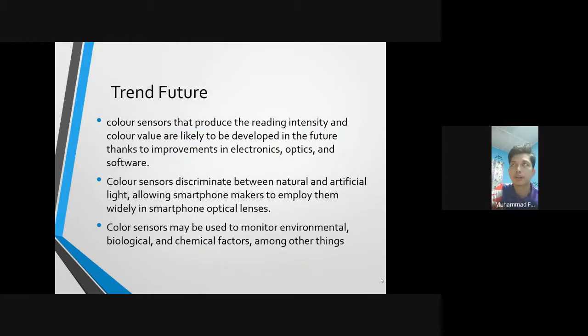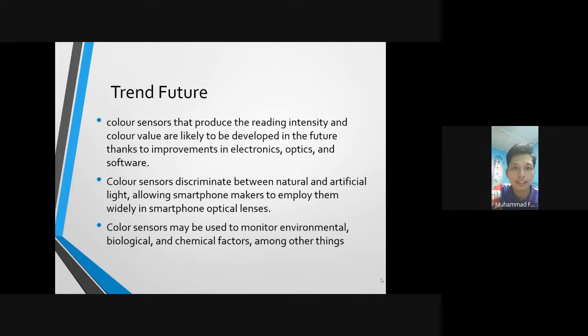Now we go to the future trends. Color sensors that produce ready intensity and color values are likely to be developed in the future, thanks to improvements in electronics, optics, and software.